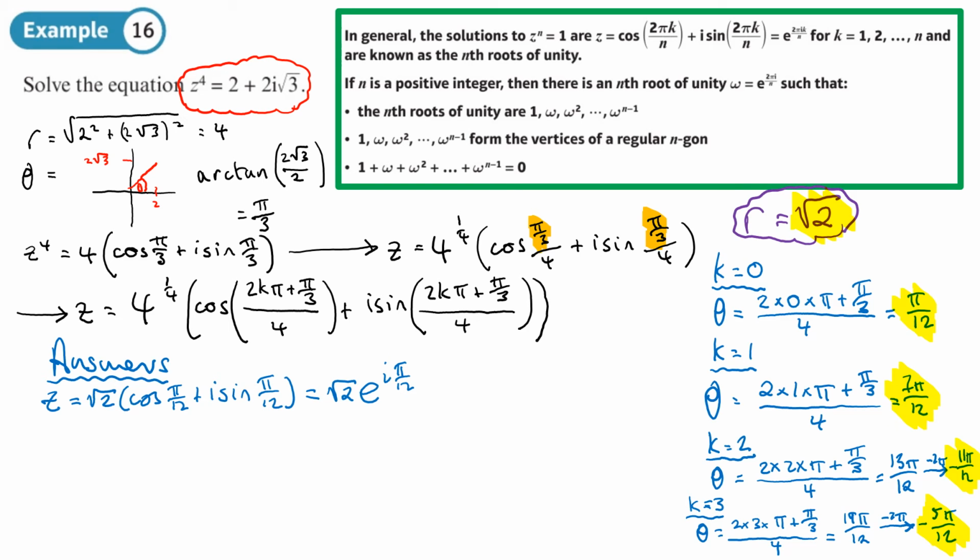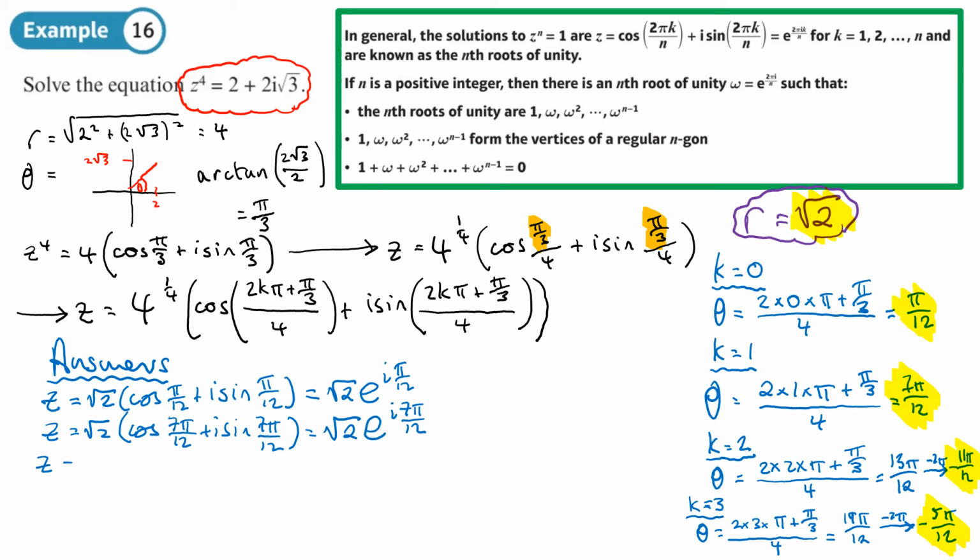Number 2, the only difference is that the argument is now 7 pi over 12. So that would be root 2 e to the i 7 pi over 12.